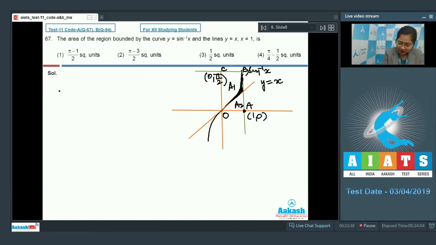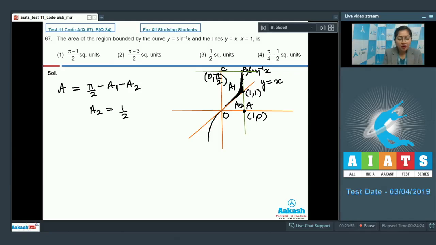Now, the required area A is equal to, area of rectangle will be equal to pi by 2 minus A1 minus A2. Now, A2 is simply the area of a triangle, that is half into base 1, and this point is also 1 comma 1. So, A2 is equal to half.